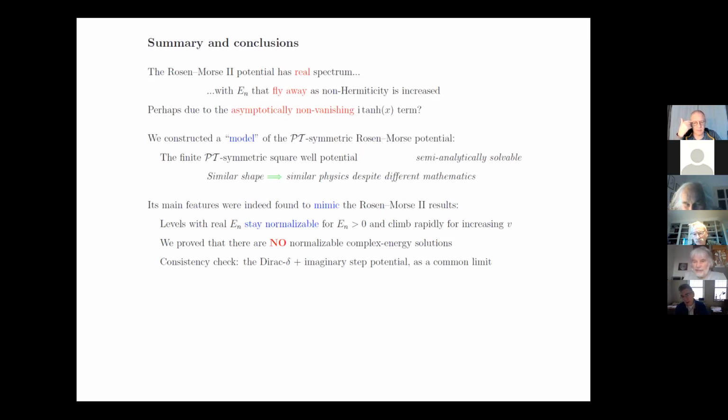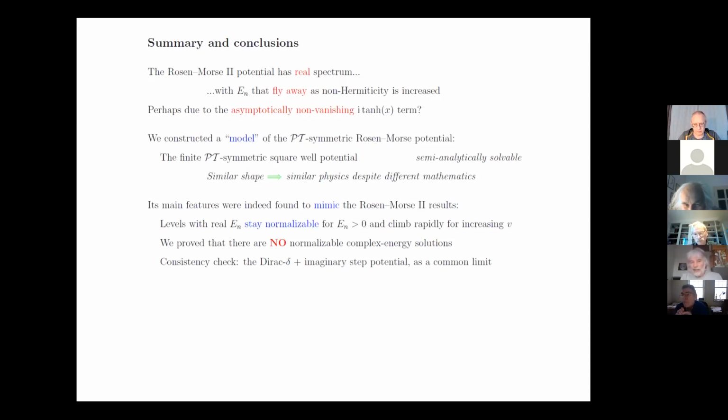I mean, there could be no normalizable solutions on the real axis, but solutions that do vanish exponentially fast in some direction in the complex plane, right? There's no a priori reason why you need to restrict yourself to the real axis. Is that right?